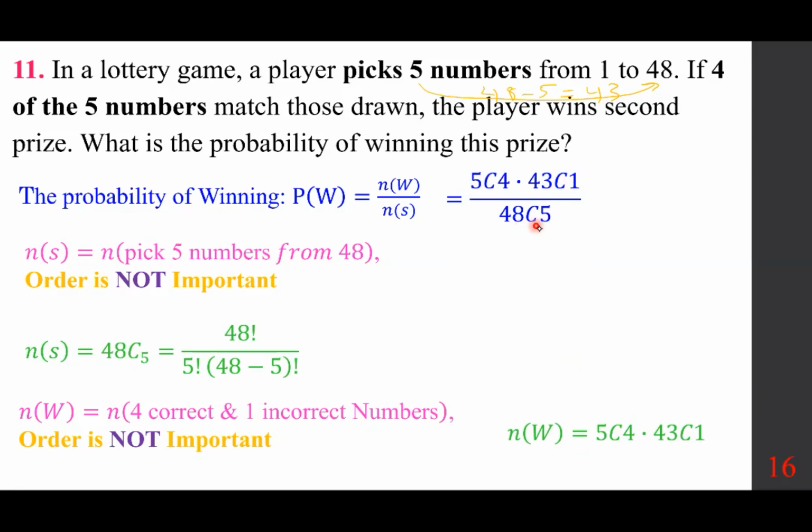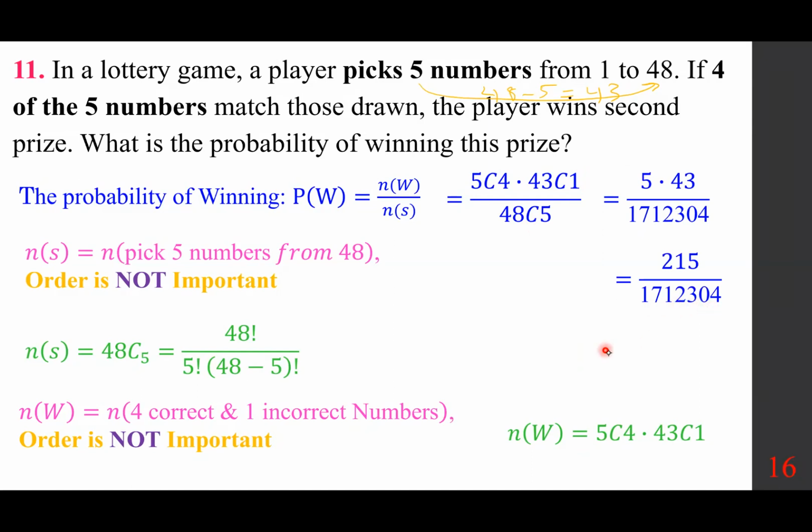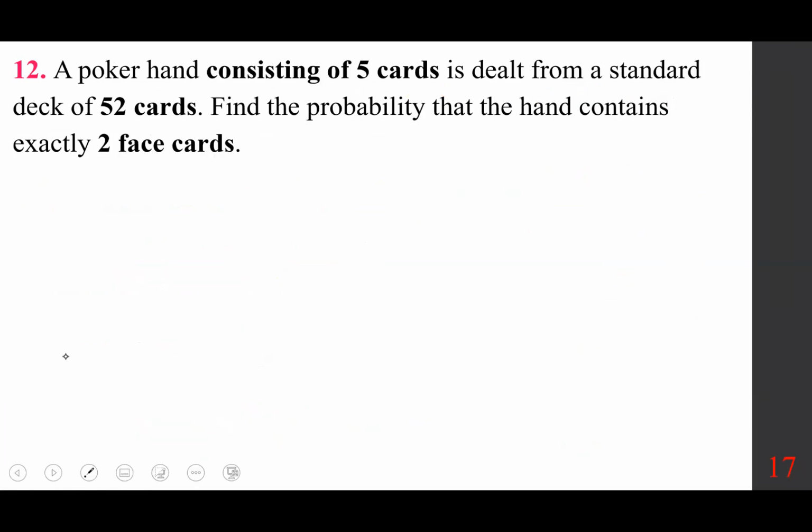And this one, you need to put it into a calculator, and you can simplify it to 215 over, let's see what we have here, 1,712,304. And of course, you can write the decimal. They may want it in fractional format. You should be able to write that accordingly. Could somebody read this, please?